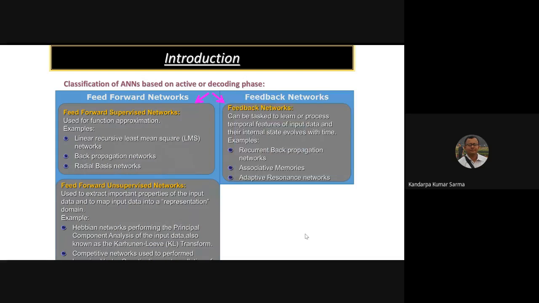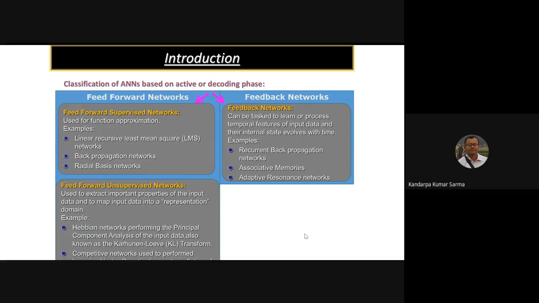Now, while we go through all types of neural structures, we will find that primarily there are two broad classes. One is the feed forward type, and the second one is called the feedback type. Now, in the feed forward type, there are two broad classes. One is the supervised class, and the second one is called the unsupervised class.